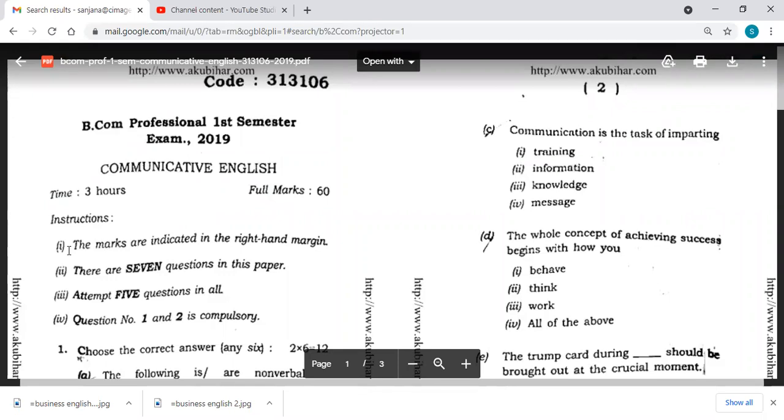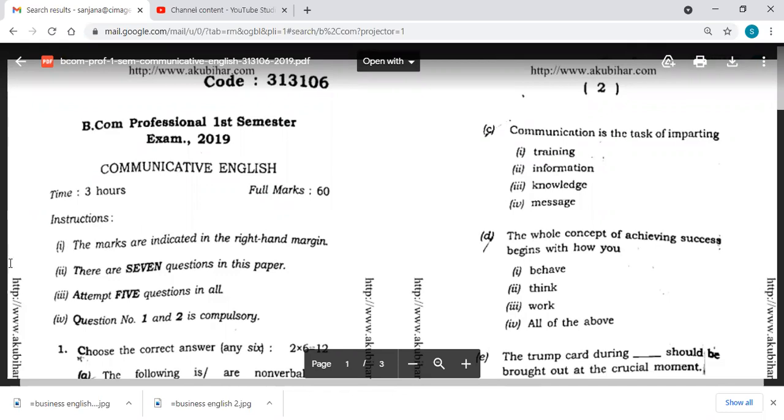I'm giving you the message, but communication is the art of imparting information. Number 2 is the right answer. So when you are communicating, you are imparting information. It cannot be a message. It can be just feedback. So information is the right answer.